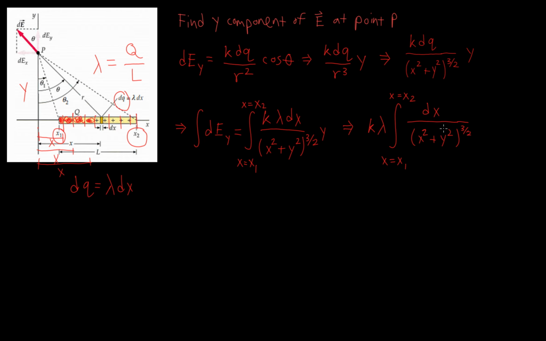But note that the variable y is just the vertical distance from point P to the origin, so y is a constant, while x is constantly changing.